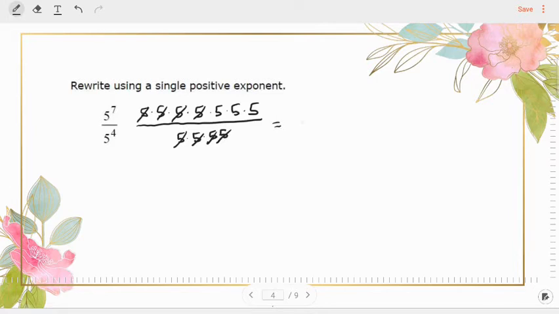And how many 5s am I left with? 3. So I'm left with 5 to the 3rd power over 1, because when there's nothing left, there's an imaginary 1 there, which simplifies to 5 to the 3rd power. And I am done.